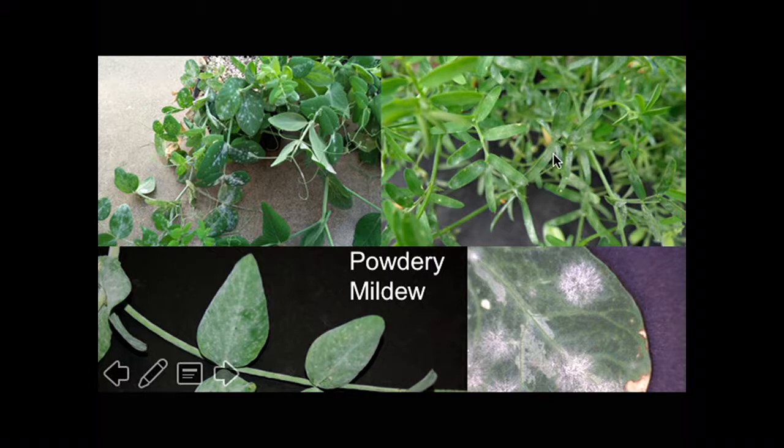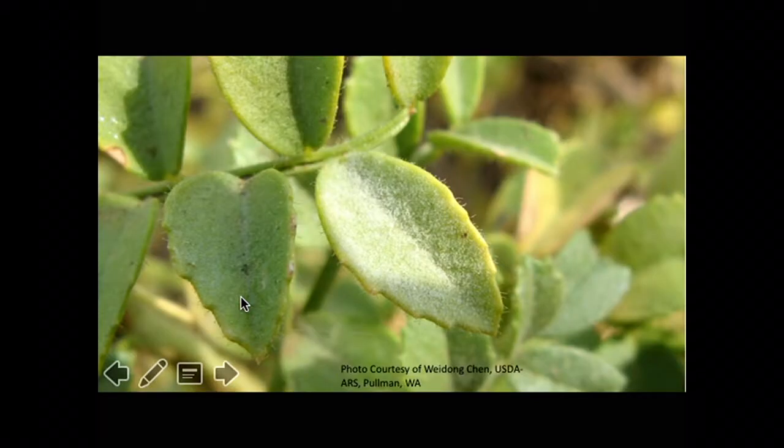This is powdery mildew growing on lentil, the surface of lentil leaves. And then after time, it can end up colonizing the entire leaf surface. Early on, you can actually take that and wipe it off, and it looks like you're almost polishing the leaf. So you can actually wipe off this fungal mass that's present on the surface of the leaf tissue.